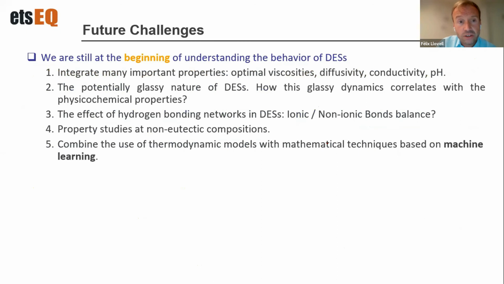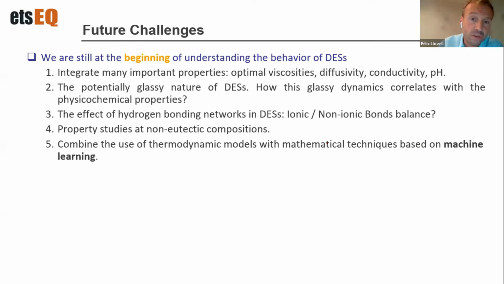Just to finish, I would like to say that we are still at the beginning of understanding the behavior of these molecules. And here I pose questions for further discussion. We need to understand how to integrate properties such as viscosity and diffusivity, and I showed a little bit how to do that, but also conductivity, pH, etc. There is a discussion on the potentially glassy nature of DES and how these glassy dynamics can correlate with the physicochemical properties.